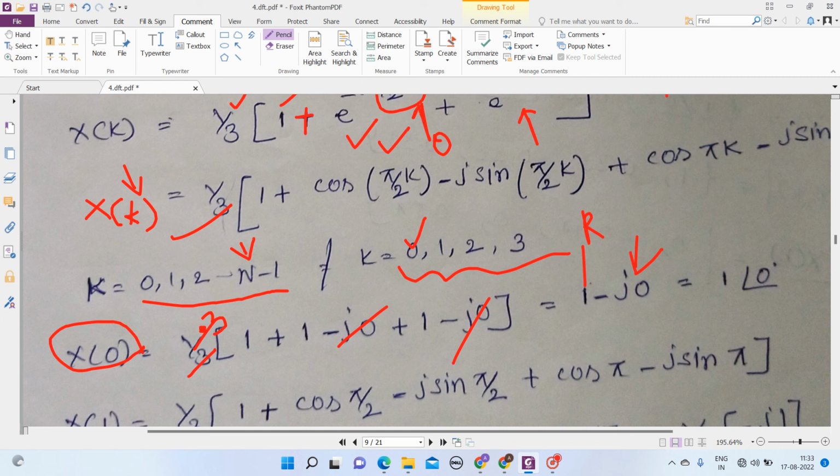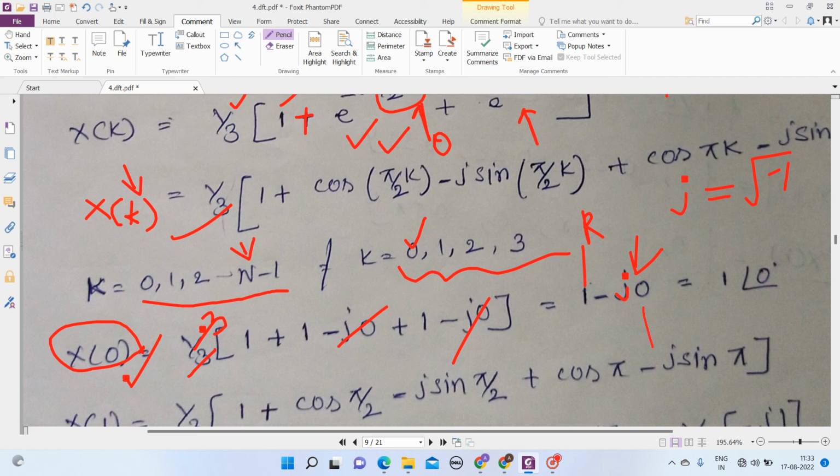We have to represent the imaginary number using the letter j. So you know the value of j, right? What is the value of j? j is equal to square root of minus 1. This value is very important to solve some of the problems. So usually the x of k value is a complex number. That's why here we are representing 1 minus j 0.